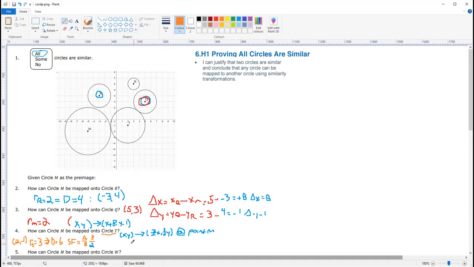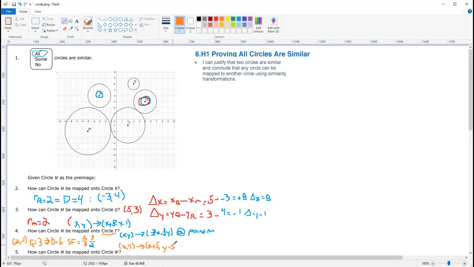All right, so it's going to be an x comma y. X to the right, so it's +5. And y, my change in y is 1, 2, 3, 4, 5, so y minus 5.